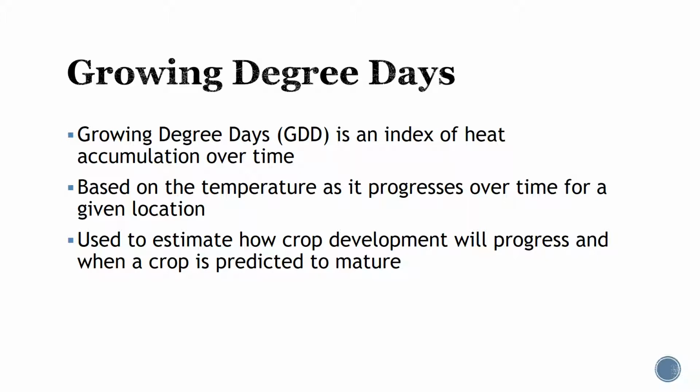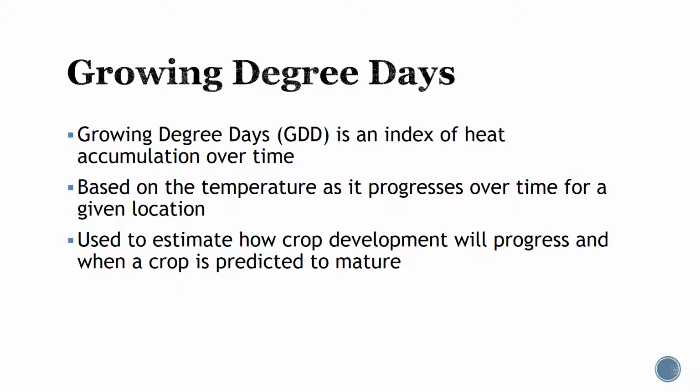Growing degree days are really important because that's going to help you understand the index of heat that is accumulated over that time or over the time of that growing season. So it obviously is going to be looked at upon the temperature and how that temperature is going to progress over time through that given location. And that is going to be different really everywhere you go, especially in the summertime, because one summer you might have a really, really hot summer.